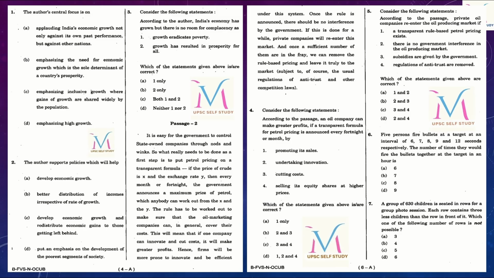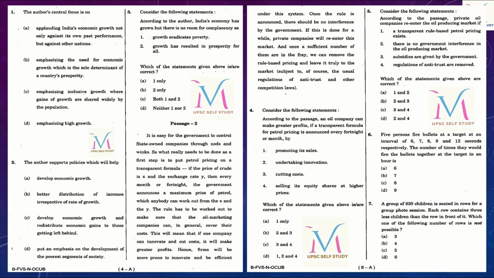If the petrol price is announced every month or every fortnight, what things can take place? First, promoting its sales. Second, undertaking innovations. Third, cutting costs. Fourth, selling its quality shares at a higher price.